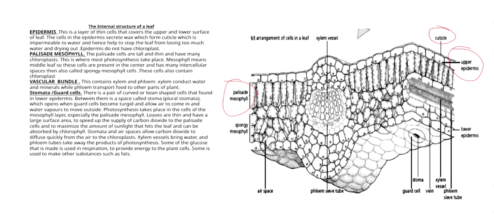The adaptive features of palisade cells are their elongated shape, they are very compact with no spaces, they have maximum chloroplast, and they are arranged near the upper epidermis to absorb maximum light.